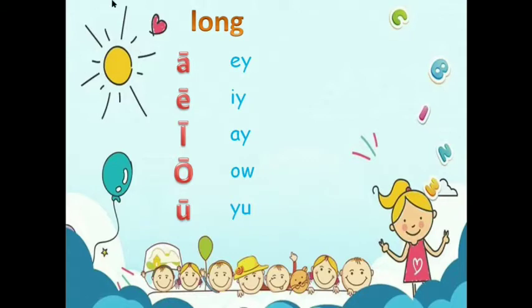When you have a letter A and then a straight line like this, then this letter A will be pronounced as a long vowel A. So it's not going to be pronounced as ah anymore, but it will be pronounced as A. While E, with this symbol, will be pronounced as E. This is long vowel I. It will be pronounced as I. And so on also.